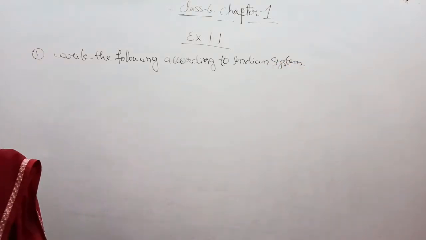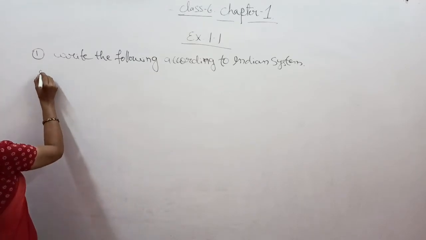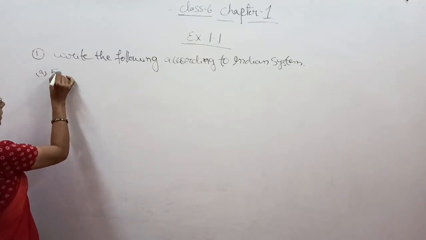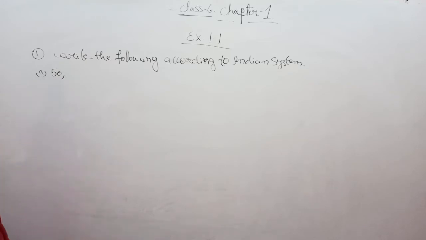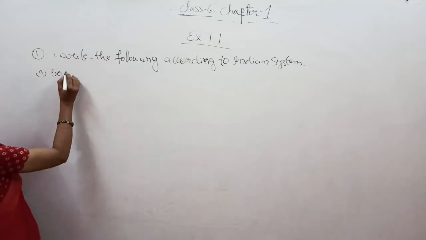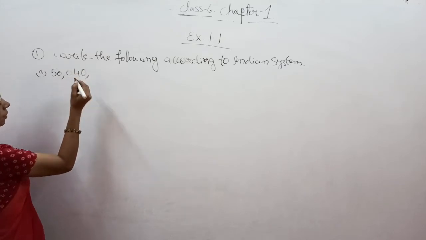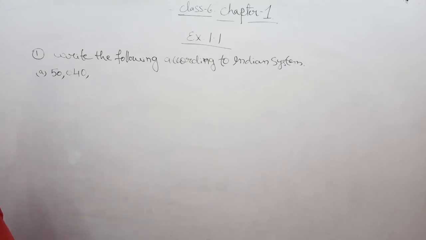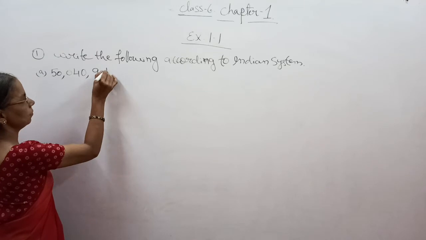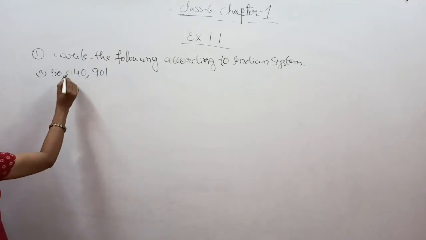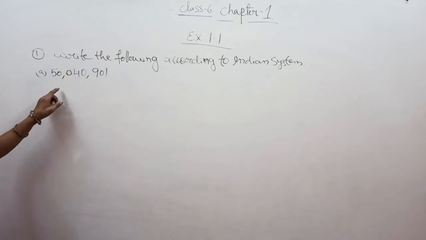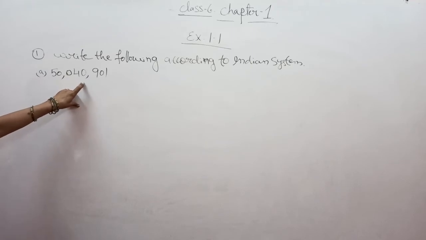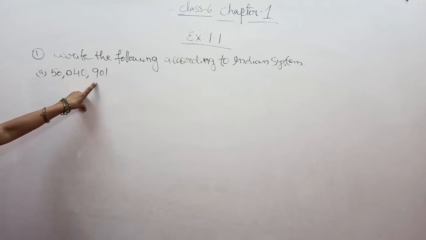That is, A, 50 lakh, 040,901. Now, in this question, the commas are put in the way in the international numbering system.